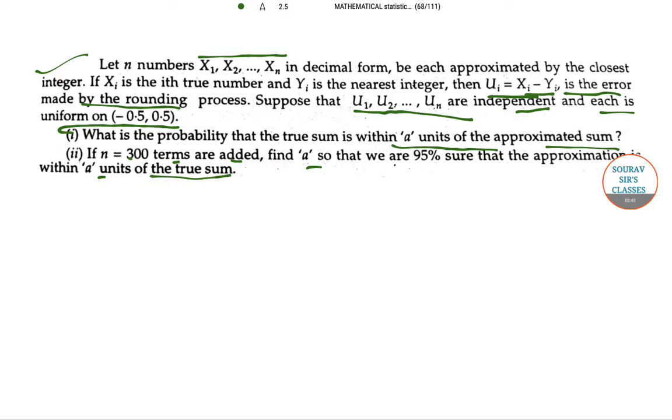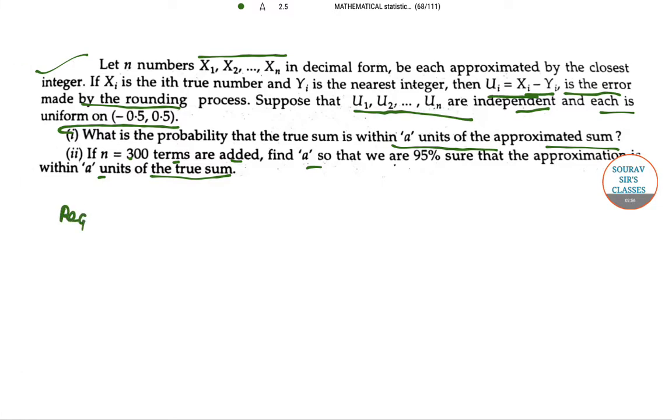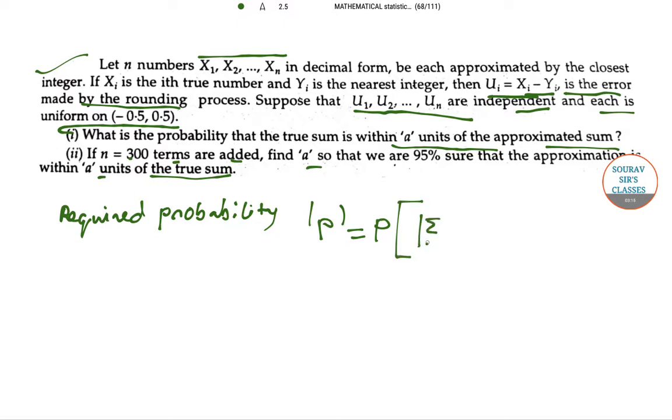So in order to do this, first we have to write down the things which are given. Say, required probability, required probability equals P of the absolute value of the summation i equals 1 to n of xi minus yi, where xi minus yi is given.